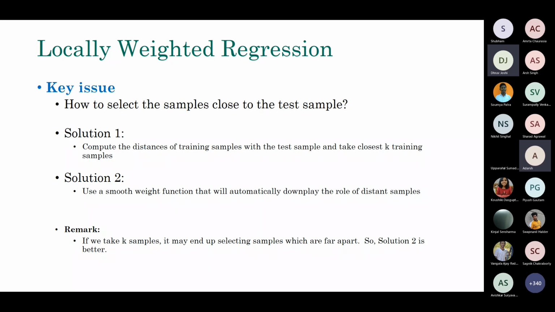If points are very close to each other, and the test sample that you are choosing is from a very dense region, then solution 1 is also a good option compared to solution 2. That's a possibility. But for sparse data, solution 2 is going to be better than solution 1.